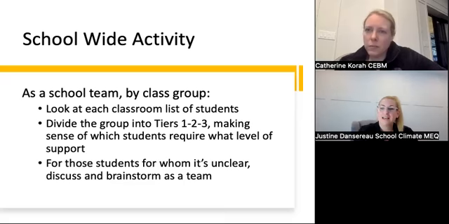But it was interesting to see that child literally went from the third tier of the third tier, right, all the way down to very low in tier 2, very low, and able to function in the classroom. Yes, a little bit of individualized support is still needed, but it was significantly different.